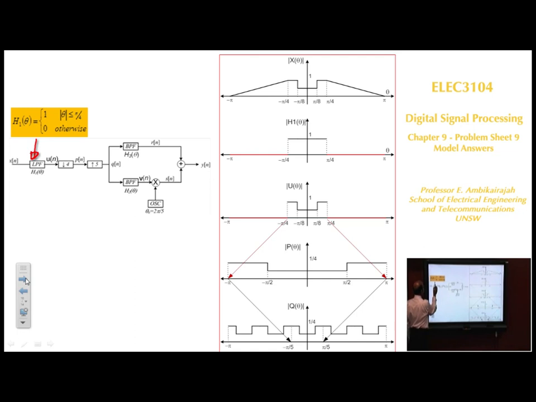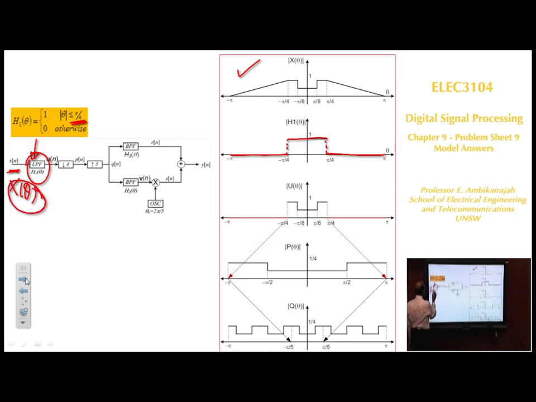So we are only interested in that at the moment. Xn, X theta, let's plot that. So X theta is given, that's our X theta. Then we plot the low pass filter, which is between pi over 4 and minus pi over 4. That's our low pass filter.